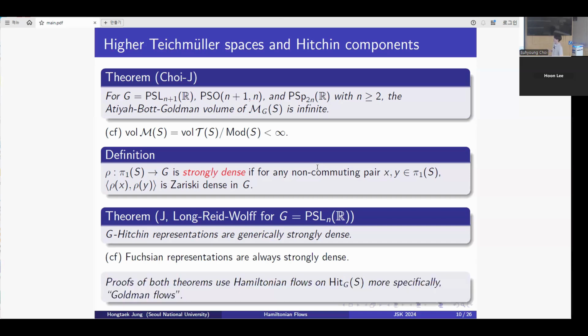And these 2 look very different, but the proofs of these 2 theorems use the same idea from the Hamiltonian flow, the so-called Goldman flow. This is a very special type of Hamiltonian flow, specially defined on the Hitchin component. And yes, the proofs of these two theorems use this technique of Goldman flows. So that's why we have to study Goldman flows today.